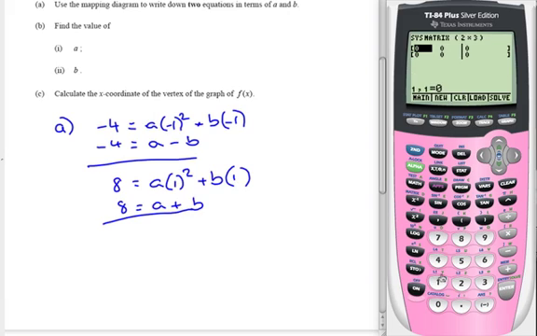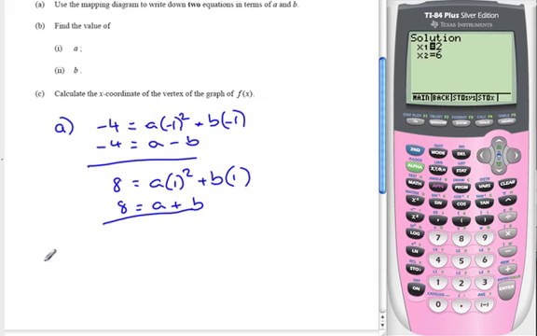So we need to say that 1a add negative 1b is going to give us negative 4, and 1a and 1b is going to give us 8. Let's solve that. Okay, so I'm just going to use GDC.